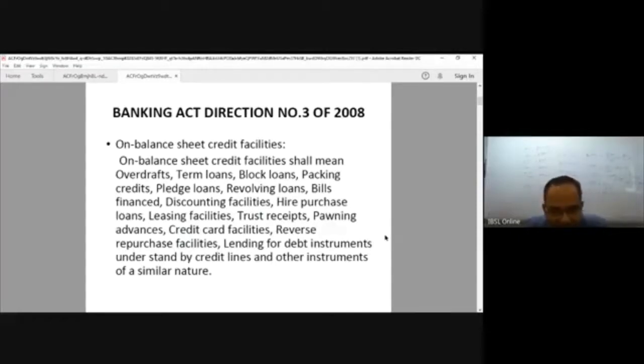Bank has parted with the funds for the customer. So that is an asset to the bank which will be on the balance sheet, right, which are recoverable.